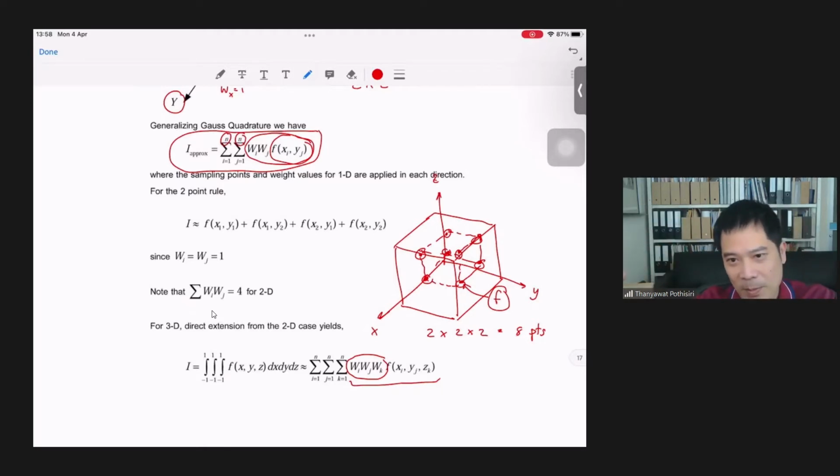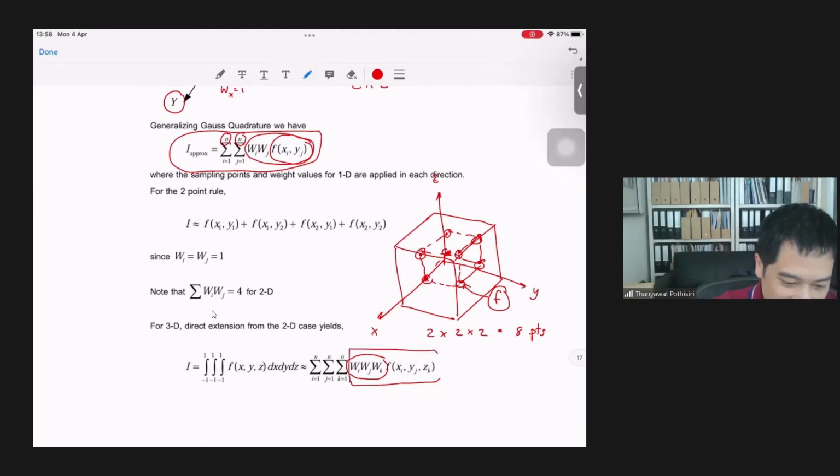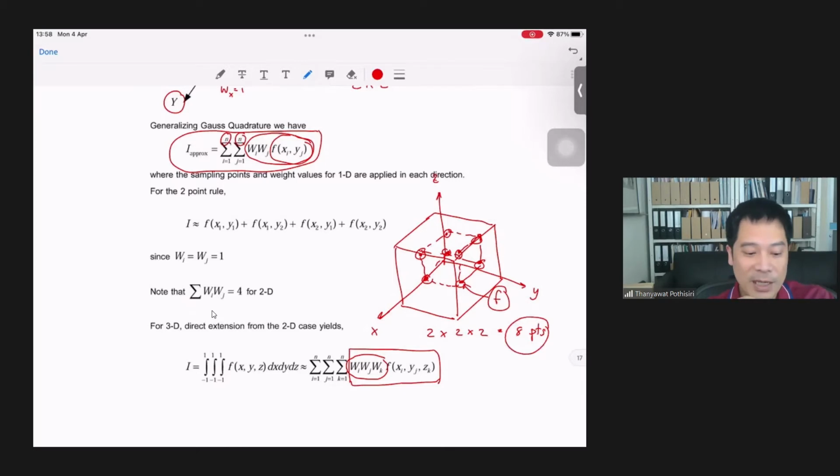So basically, you are computing this term for each sampling point. So in this case, you have a total of 8 sampling points. So you would have 8 of this term for each sampling point, okay? And then in the end, you just sum them up together to obtain your approximate integral.